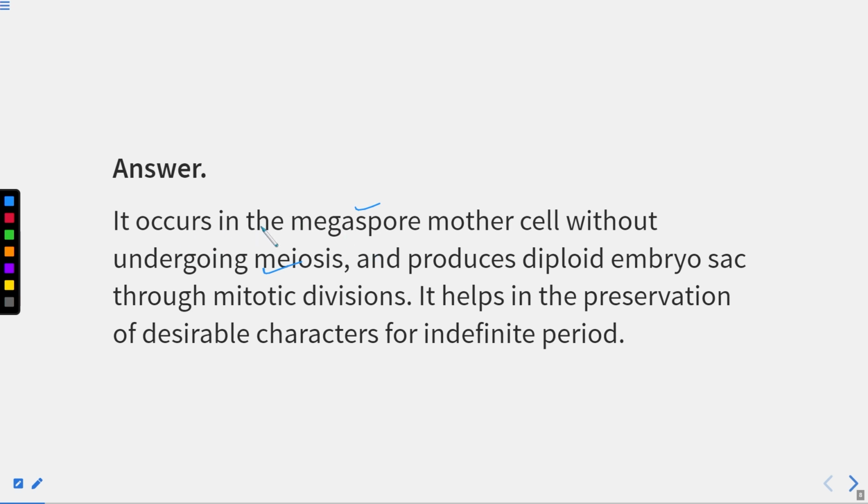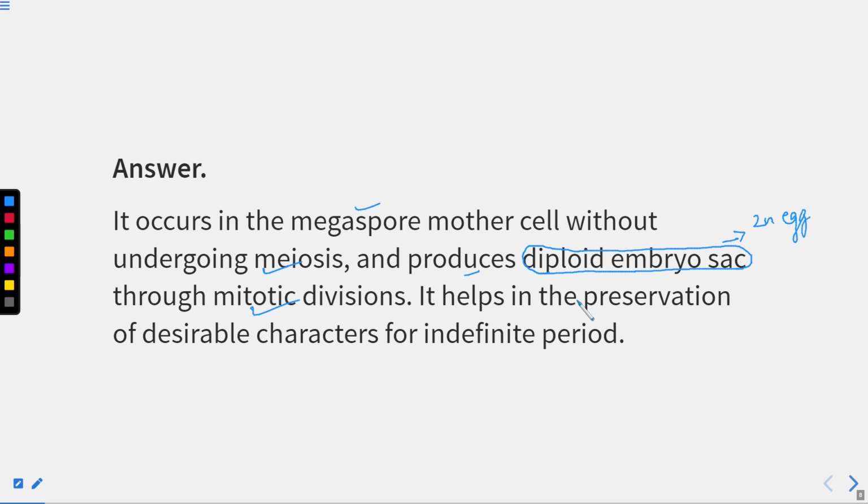Coming back to here again, it occurs in the megaspore mother cell without undergoing meiosis and produces a diploid embryo sac. If the embryo sac is diploid, all the cells within it will be diploid, and this embryo sac is formed through mitotic divisions. That's how the diploid egg is formed.